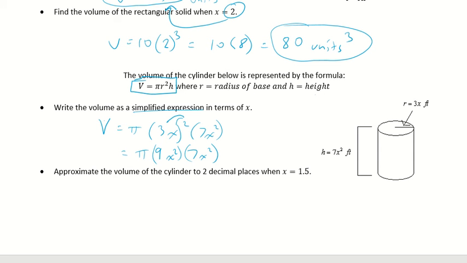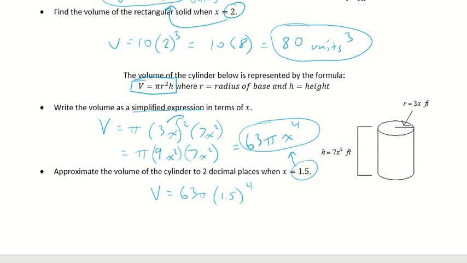So 9 times 7 is 63 times pi x to the 4th when we add those exponents. That's the formula for the volume. We're going to take 1.5 as the value for x and substitute that in. So the volume of this cylinder is 63 pi times 1.5 to the 4th power.